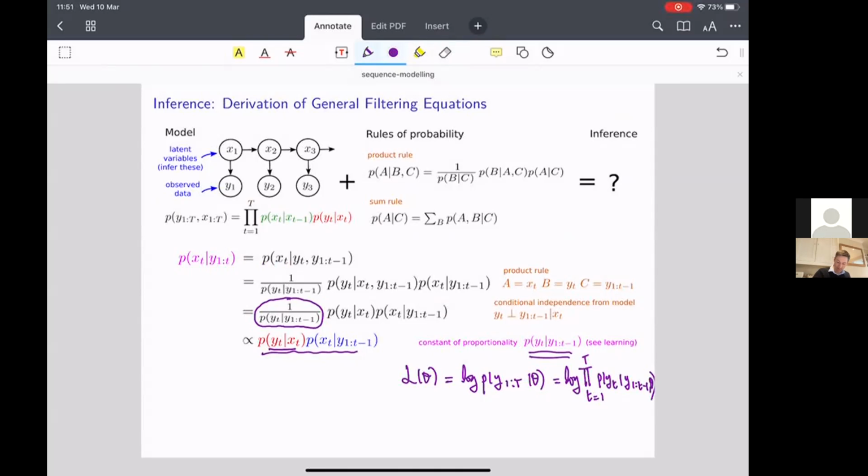You can see that this involves multiplying up the constants of proportionality coming from the filtering step. There'll be more on this later, but essentially, if you keep those normalization constants around and multiply them together, or sum up the logs, that gives you the log likelihood.